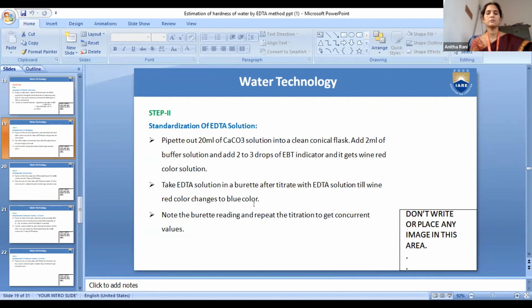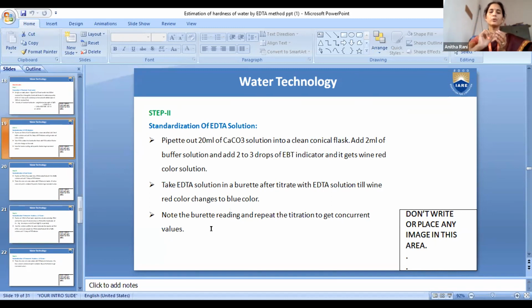Titrate the wine red solution until you get a blue color. As soon as the wine red color changes to blue, close the burette and stop the titration. Note down the burette reading in your notebook.